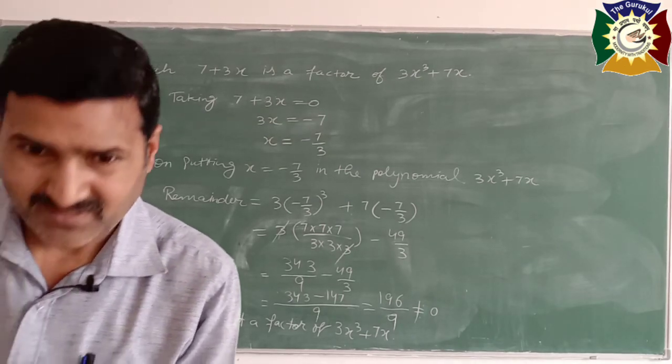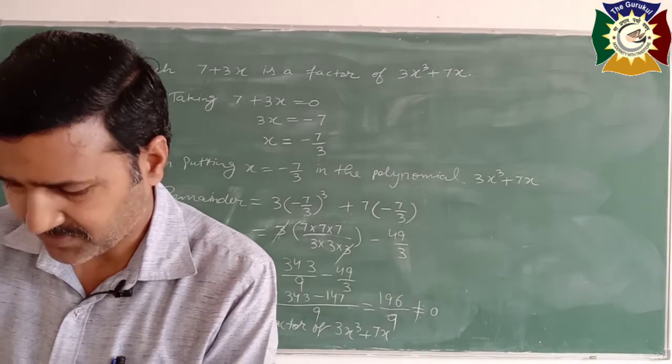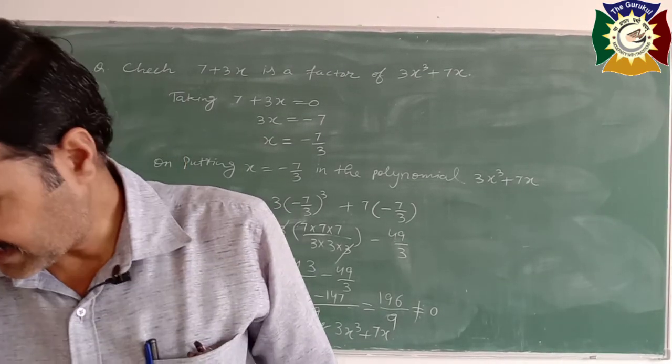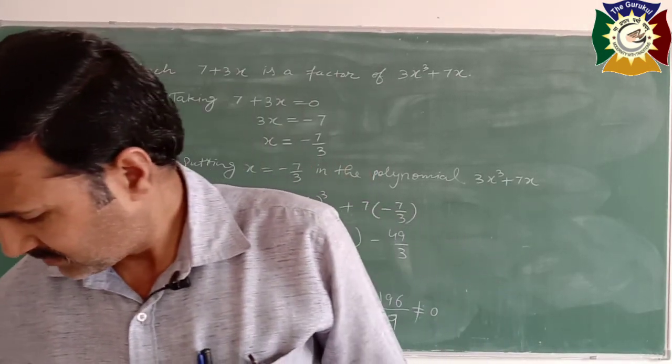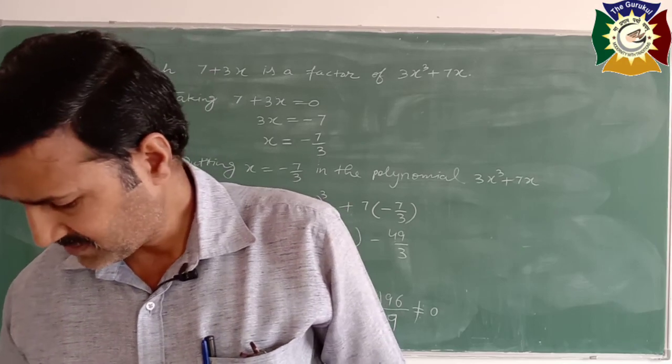So we can check whether the given linear polynomial is a factor of another polynomial or not by using the remainder theorem. This is the concept for the exercise 2.3. Now easily we can do the exercise 2.3 and all the examples.